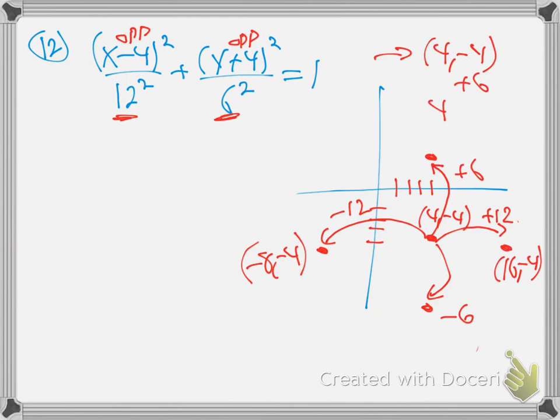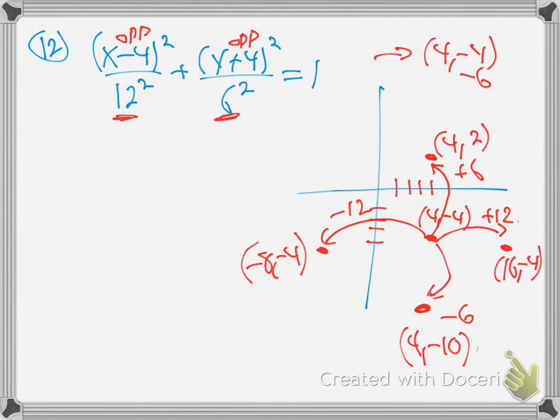So this point will be 4, 2, won't it? We good there? And this one down here, we're going to subtract 6 from the y, so it's 4, negative 10.